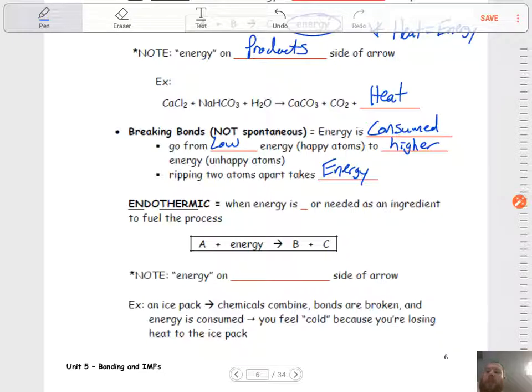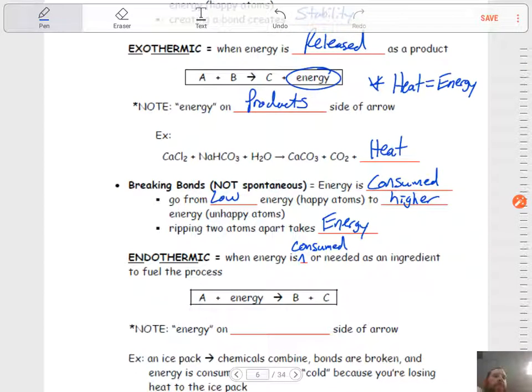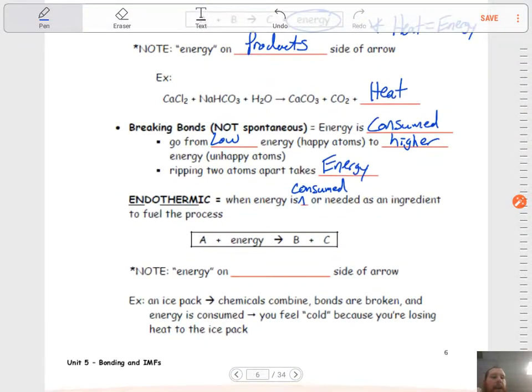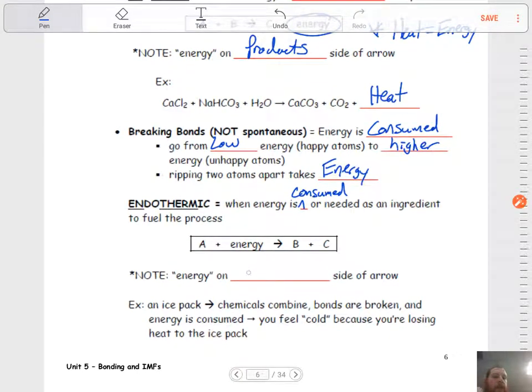This is what we would call an endothermic process, where energy is consumed or needed as an ingredient to fuel the process. So on the flip side to up here, where we have energy as a product, down here energy is a reactant, so it's being used up. It's on the reactant side. Again, we'll talk more about all those specifics later on.